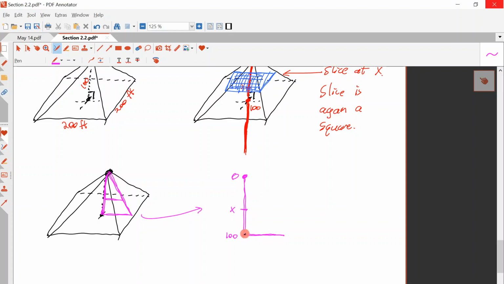This length down here is what? Well, the entire length here is 200. And therefore, the purple length here is 100. It's half of that, right? So down here, we have length 100. So I guess it should be more square, like that.